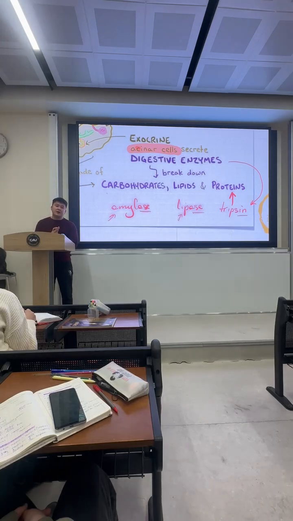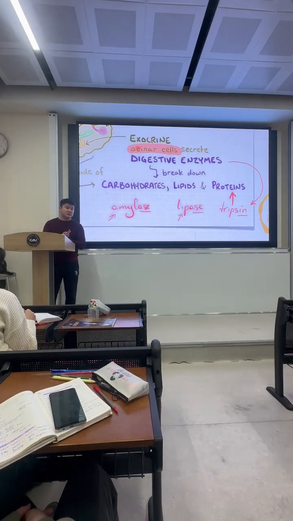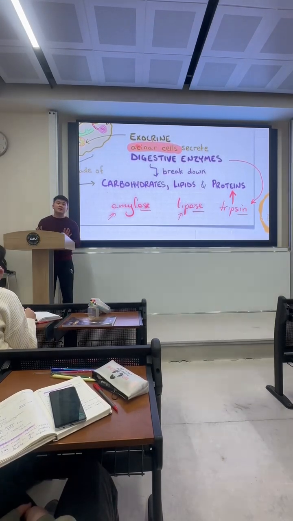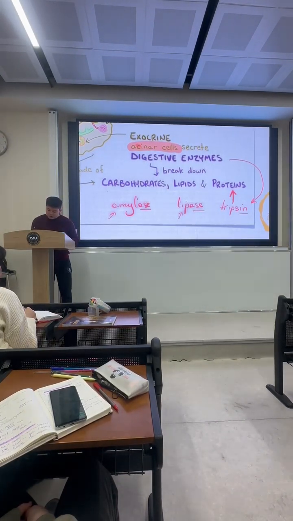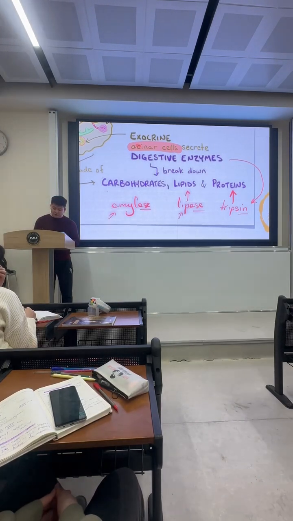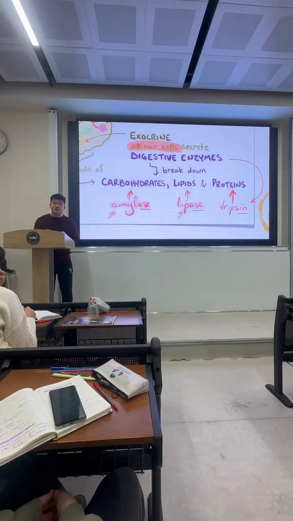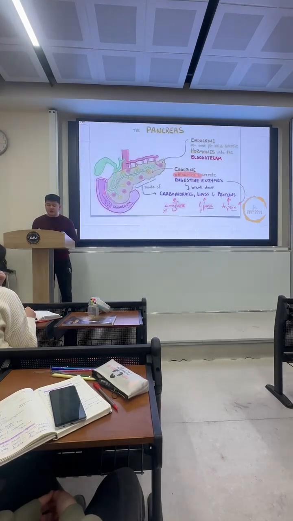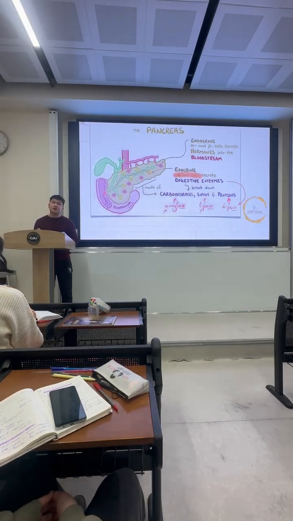It is coming from acinar cells located in the pancreas. Lipase breaks down the lipids, and amylase breaks down the carbohydrates. This is the exocrine function of the pancreas.